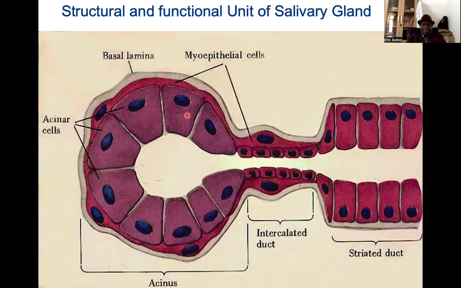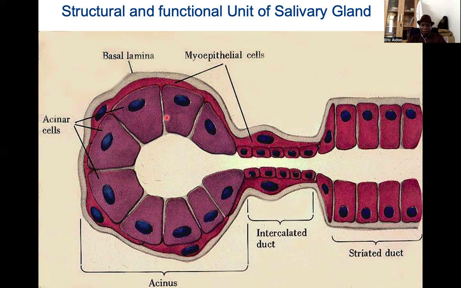So if you want to look at a typical structure of a salivary gland, this is what you see. This rounded portion is the main factory where all the machines for manufacture are situated. All these are machines, okay.